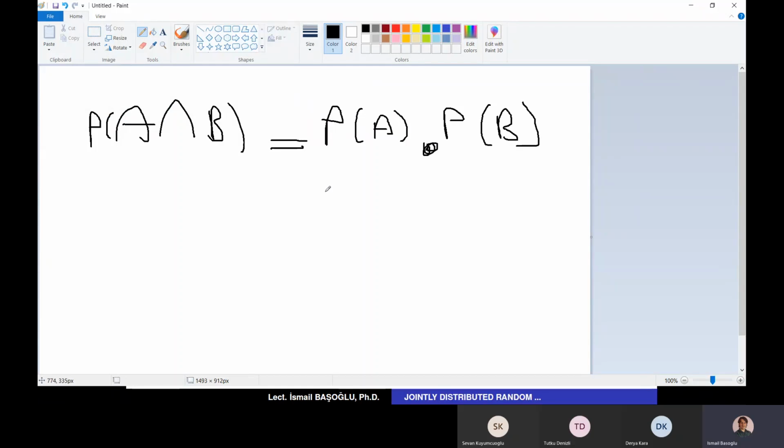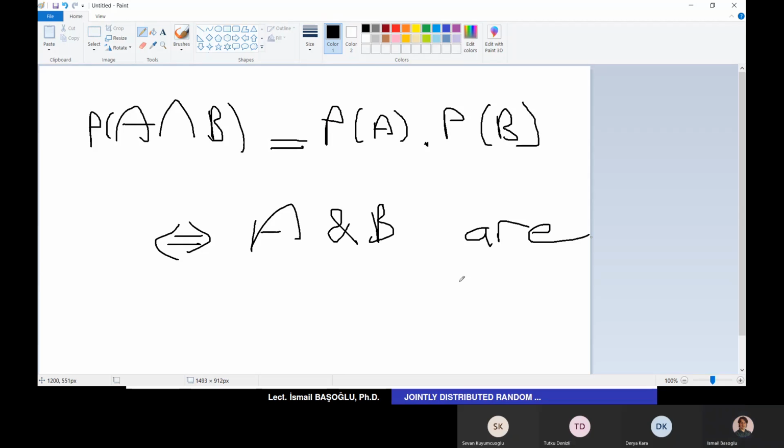So if the product of the individual probabilities of two events is equal to the probability of the intersection event, then we say that A and B are independent.